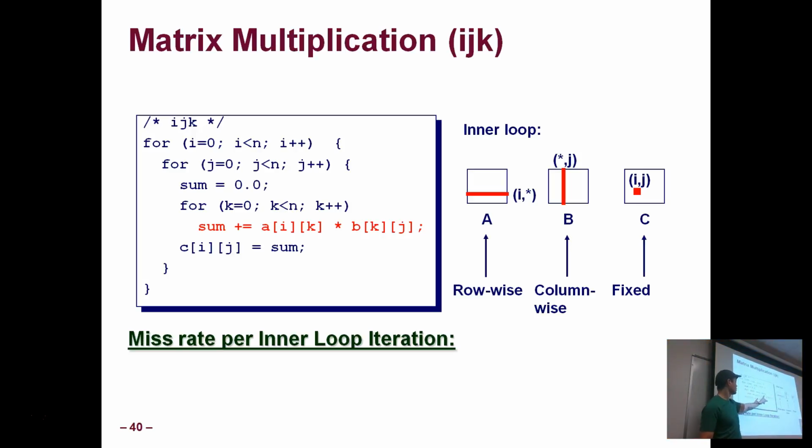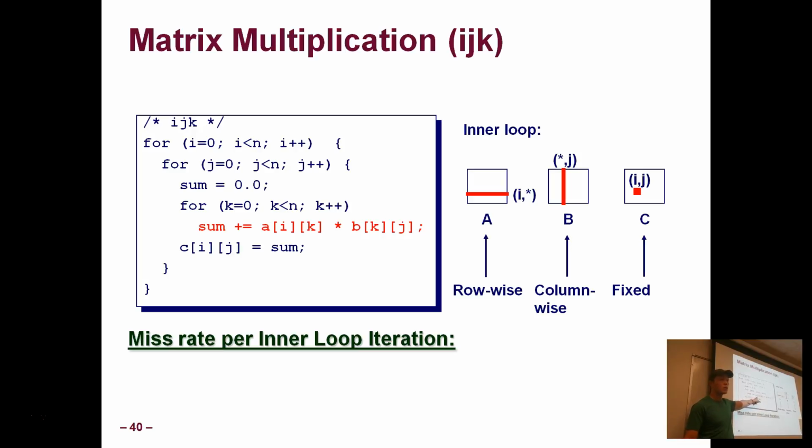What about this one? We said these are double floats, and each cache line can fit 4 of these double floats. So what would be the miss rate on this one?